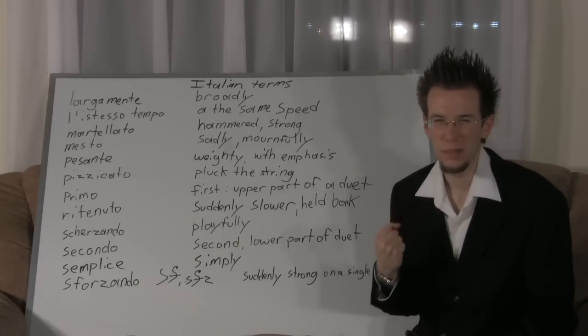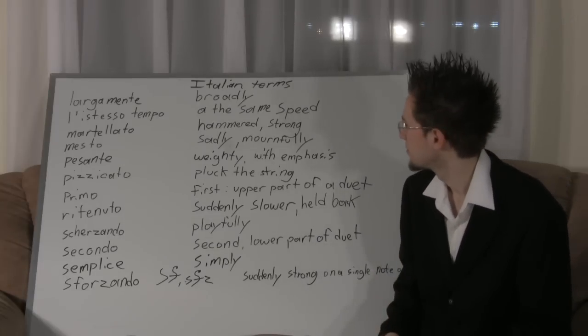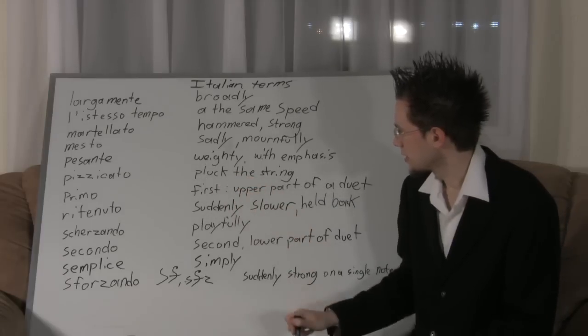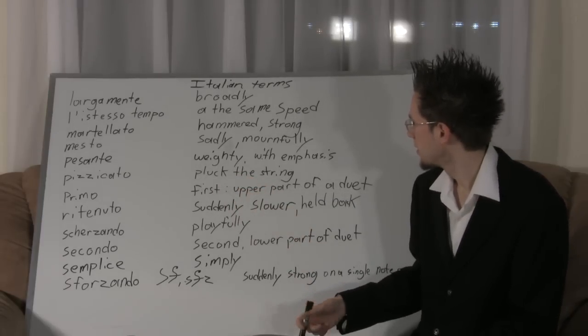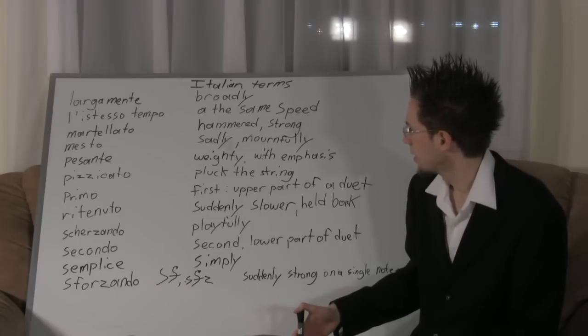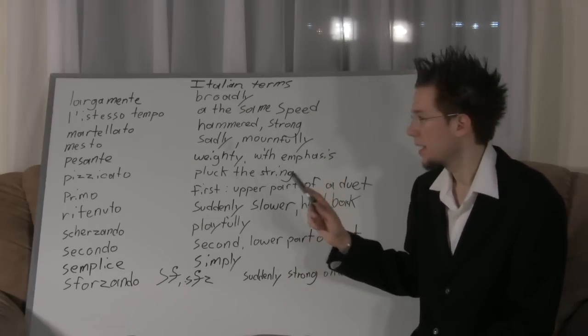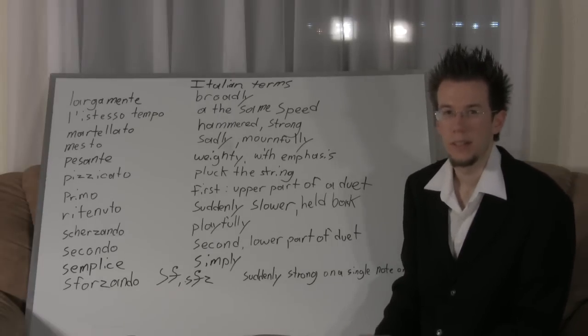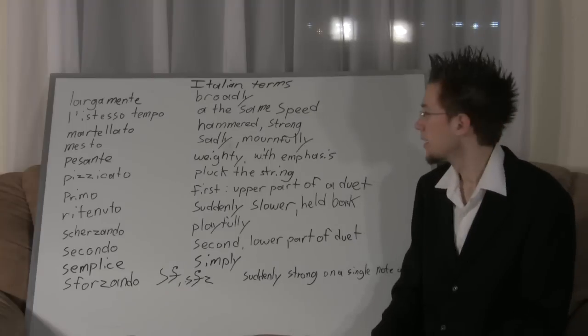So it's that strong, very heavy feeling. Okay, next one. Mesto, M-E-S-T-O. That's sadly or mournfully, okay? Because we had another term that was sadly, and this one has a mournful kind of touch, I guess. So it's a different sort of sad.